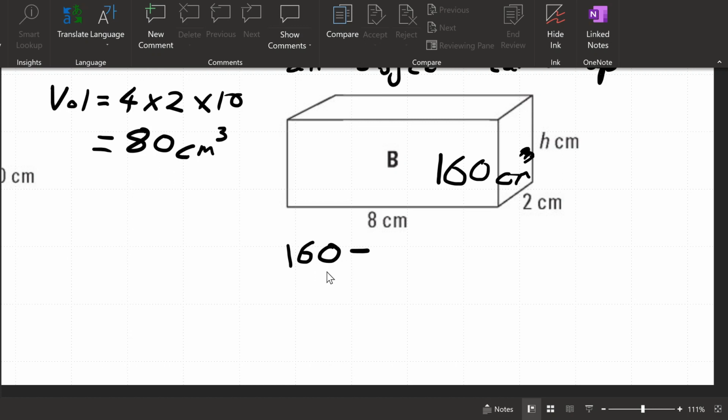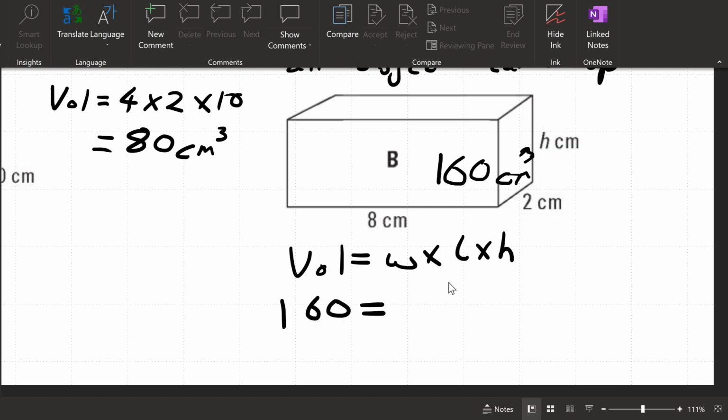So actually, I'm just going to go back a step here. I can say volume equals width by length by height, and height is just going to stay as h. We can realize 160 equals the width, 8 centimeters, by the length, 2 centimeters, by the height.